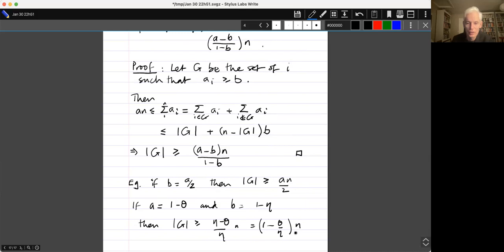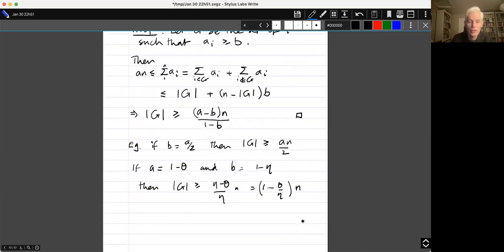times n, which equals (1 minus theta over eta) times n. So if eta is somewhat bigger than theta, this is reasonably small, and we're going to apply this again. We'll apply it in the case eta equals 2 theta.